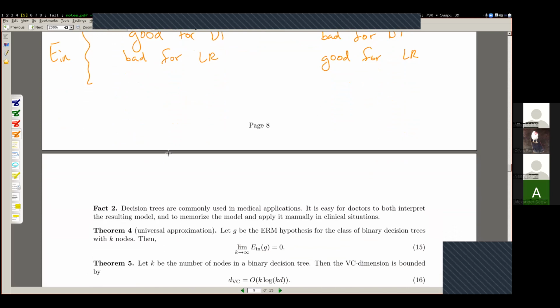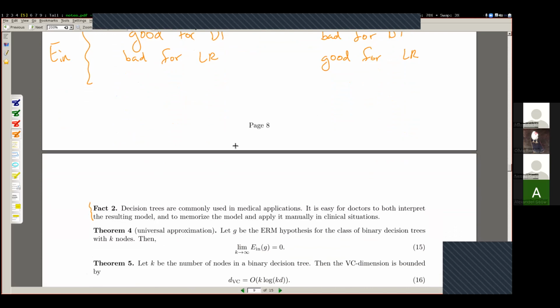This fact two, first of all, in practice these days, the only times that I see decision trees being used are on medical applications. Doctors really like decision trees because they're really easy to memorize and to evaluate in your head. Logistic regression is also very simple, but doing a bunch of multiplication in your head is hard, and doing a bunch of if statements in your head is easy.